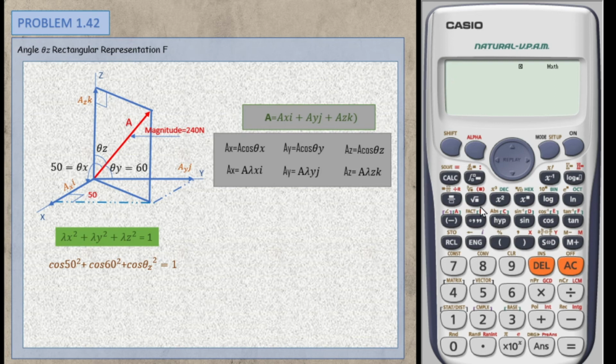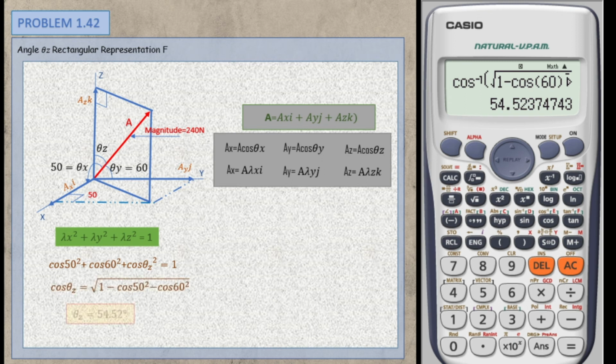I'm just going to transpose cosine 60 squared and cosine 50 squared, so it is shift cosine of the square root of 1 minus cosine 60 squared minus cosine 50 squared. I hope you already know why it became a square root. And there, we have the answer, which is 54.52 degrees. This is what I did in our calculator.